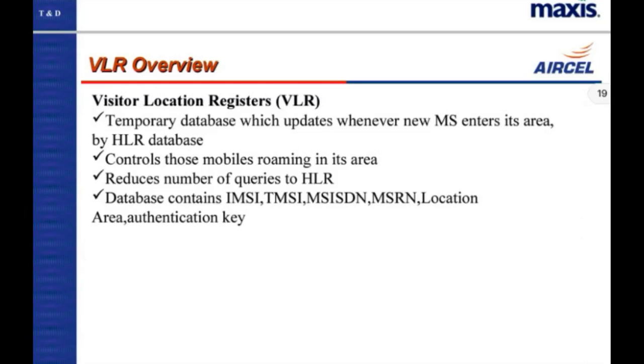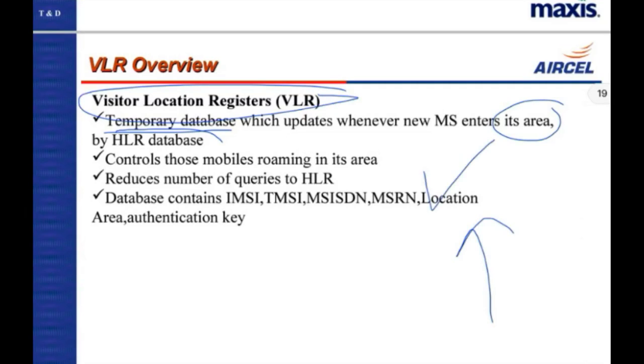Each service area has its unique database. When you have a newcomer, he gets updated. Then we know that this newcomer has this credit, this phone number, this IMSI, this MSC.